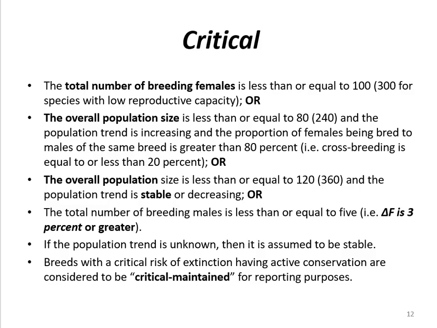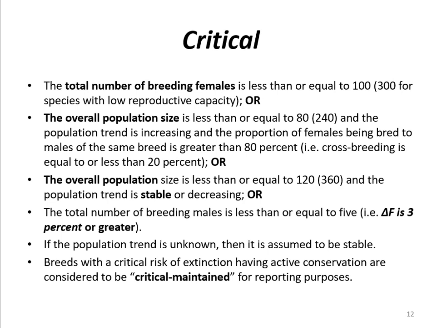Next category is critical. If the total number of breeding females is less than or equal to 100, 300 for species with low reproductive capacity, and overall population size is less than or equal to 80, or overall population size is less than or equal to 120, and the population trend is stable or decreasing, and here it should be increasing.